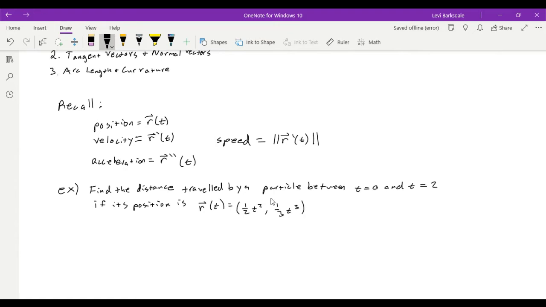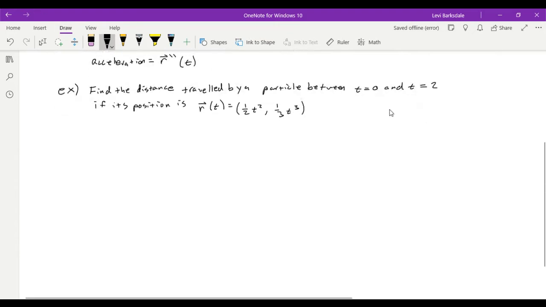All right, so the distance traveled would be the integral of the speed. So we can write that out.